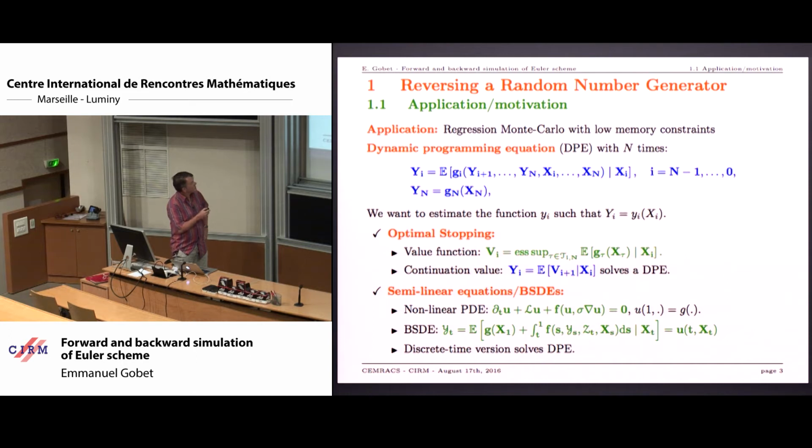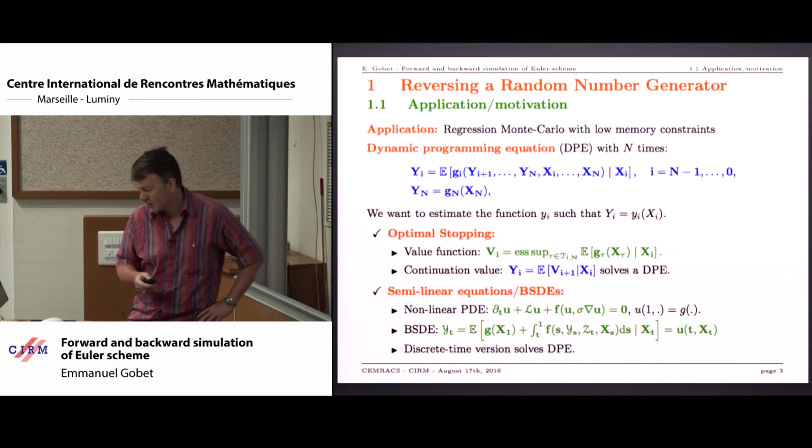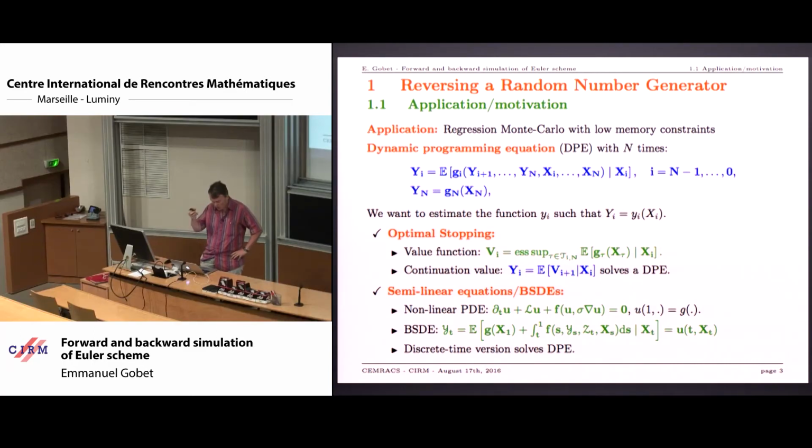Yi is given by a conditional expectation of the next Yj process. So you have a sequence of nested conditional expectations, and you're going to use the full flow of paths to compute all this sequence of conditional expectations.